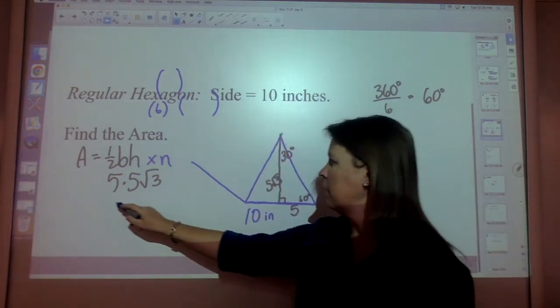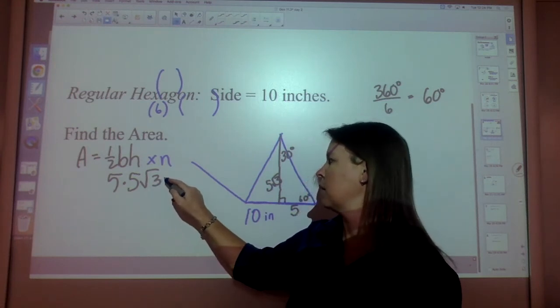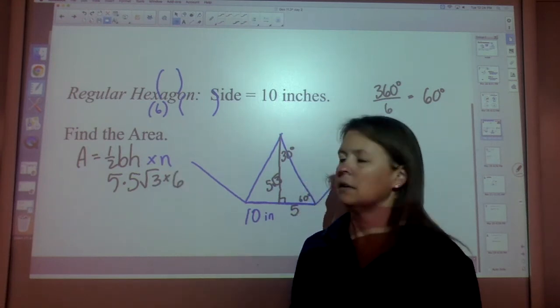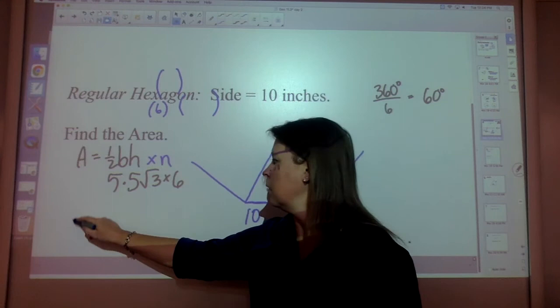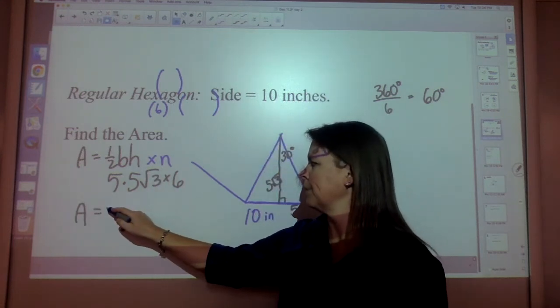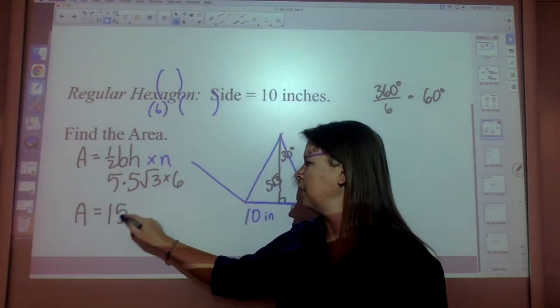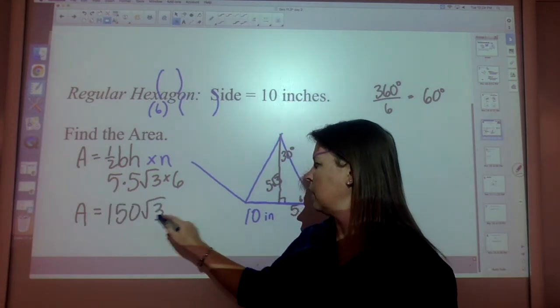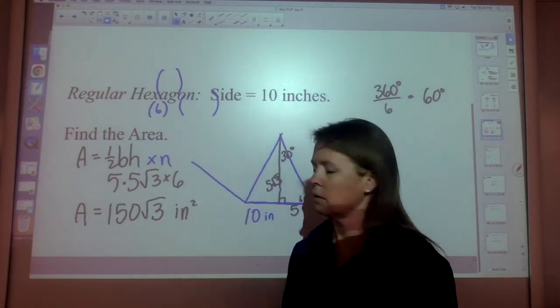So we need 5 times 5 times square root of 3 times 6. Area equals 5 times 5 times 6. It's about 150 square root of 3 square inches.